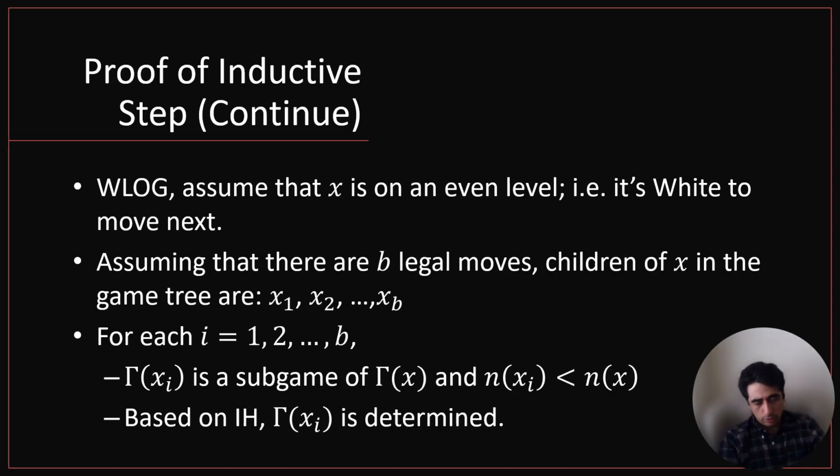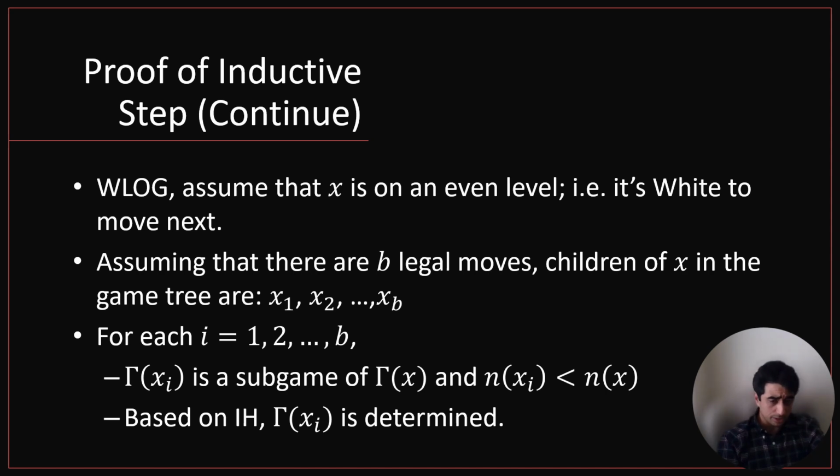What I'm going to show you in this proof is on the even levels, but you can symmetrically do the same kind of discussion for the odd levels and prove it for the black side of the game. But anyways, we're going to focus only on the white side, and we're going to assume that X is on an even level.